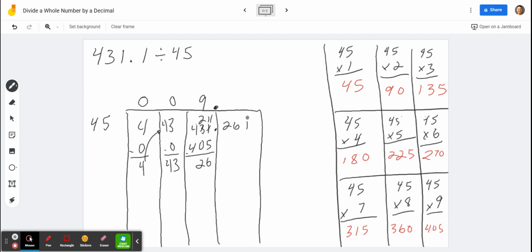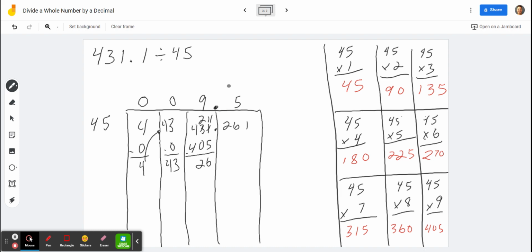Okay, and again, we're going to check our list. How many times does 45 now go into 261? Well, if we look over here, 45 times 5 is 225. That's pretty close. And if we go to the next one, we go too far, all the way to 270. So we need 45 goes into 261 5 times.